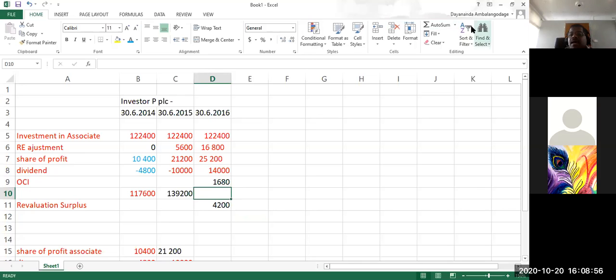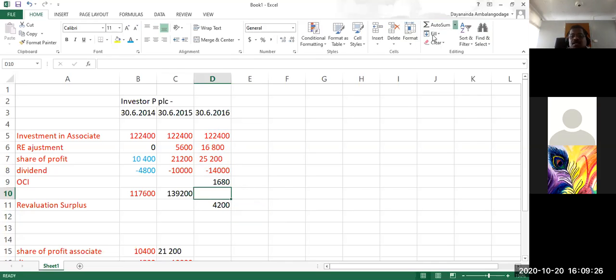So here the balance would be, here it has to be minus 14,000.